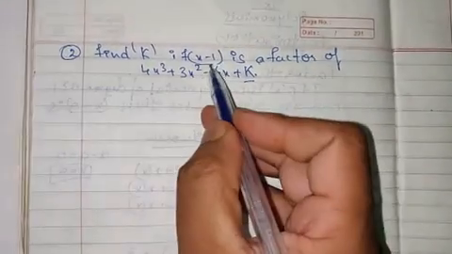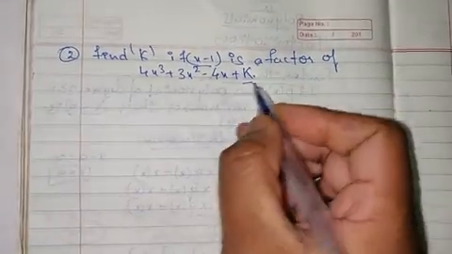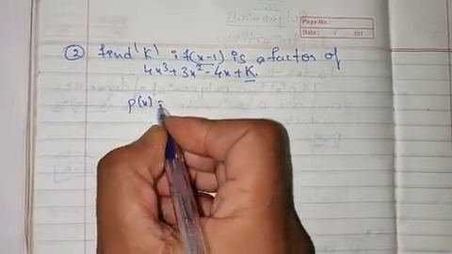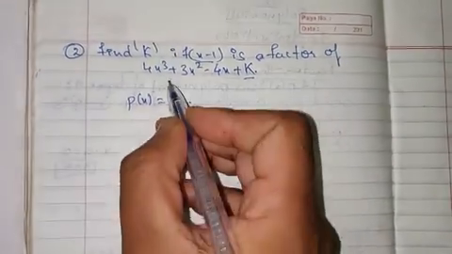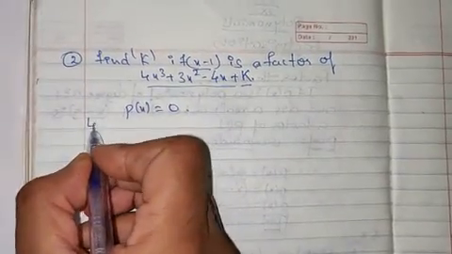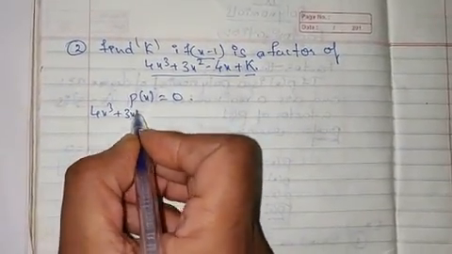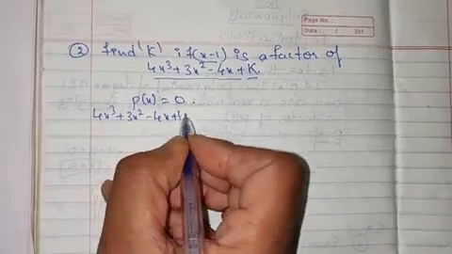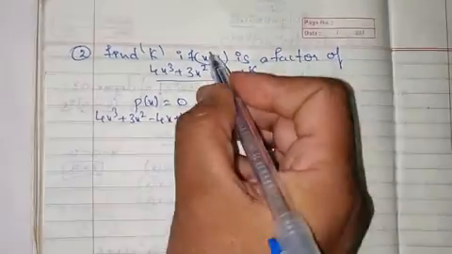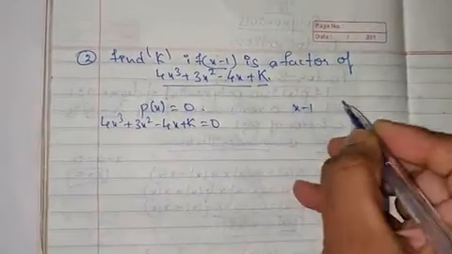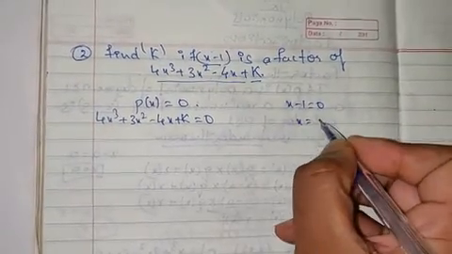And we know that if it is already a factor, p of x must be equal to 0. So what is p of x? 4x cube plus 3x square minus 4x plus k will be equal to 0. What is the factor? X minus 1. So let us find the value of x.